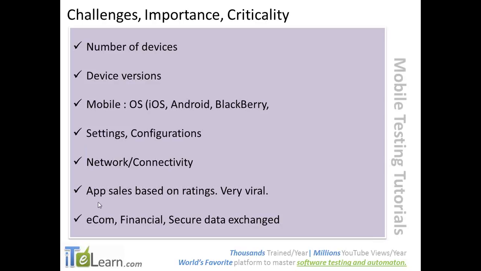All of these things are very important for a couple of reasons. Number one, app sales can be directly done through the app, but there are also free apps that can be downloaded, which provide additional functionality for the business backbone itself. For example, take the Bank of America app. Bank of America provides this because it is easy for their customers to do a lot of transactions on their cell phones.